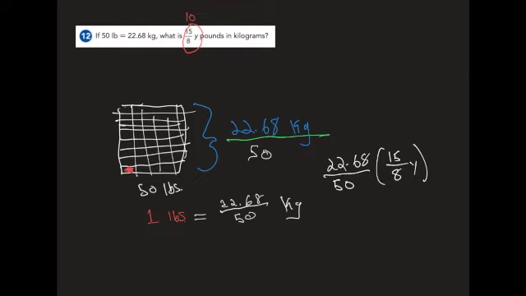And normally we don't like to have a decimal inside of a fraction. That's called a complex fraction. So we could change this here to 2,268 over 5,000, which eventually you can reduce.